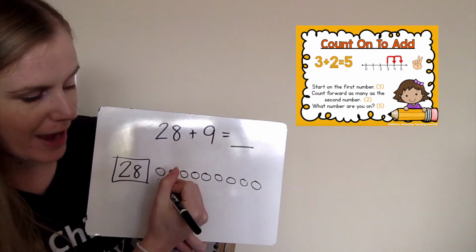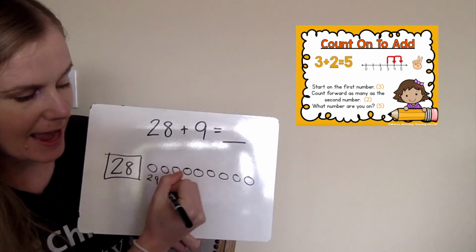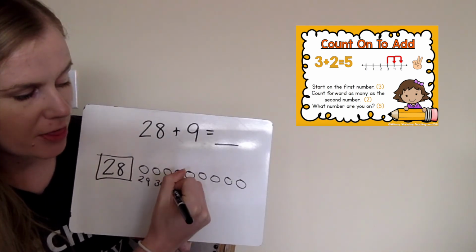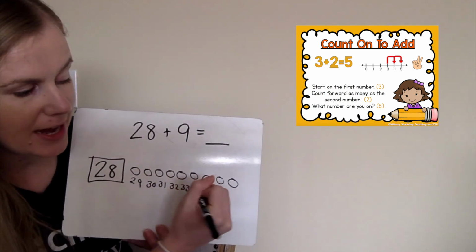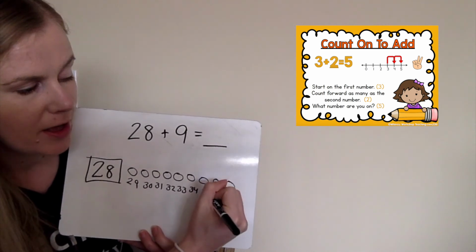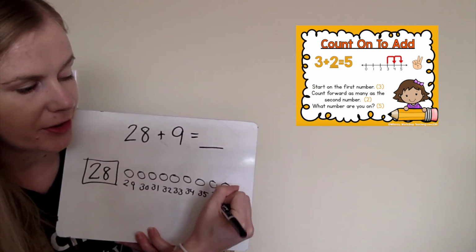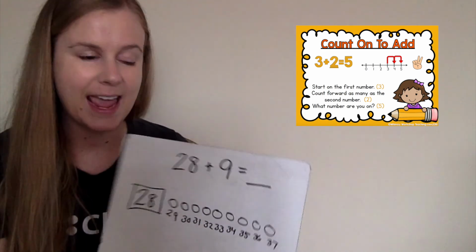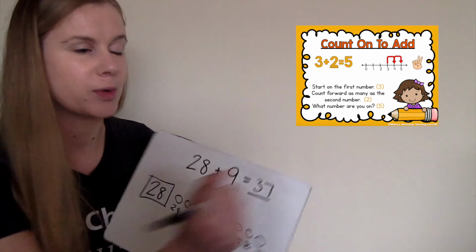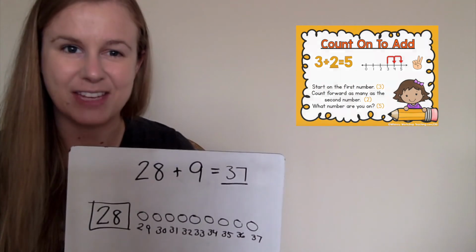Count on, ready, go. 29, 30, 31, 32, 33, 34, 35, 36, 37. 28 plus 9 equals 37.